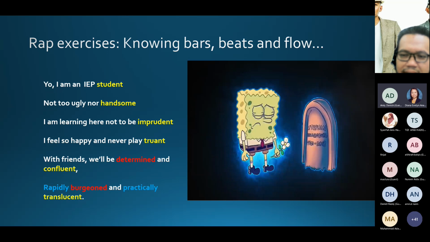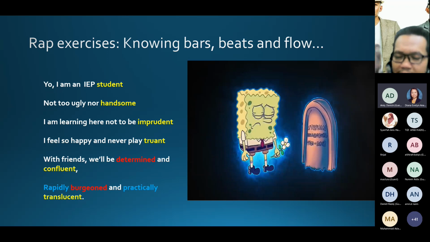Rijal from Bandar Melaka, is it? Anyone? Yes. Okay, you want to try? I will give a cue. I mean, kat mana you kena masuk? Boleh? Try insyaAllah. Alright. Okay, kita try.